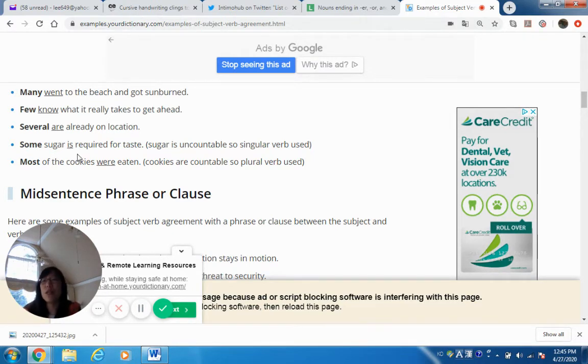So some water is spoiled. Or you could say some vegetables are crunchy. So for some and most, if you can count, then you use plural. If you can't, you use singular. Most of the cookies were eaten. Cookies you can count. So you just have to know those.